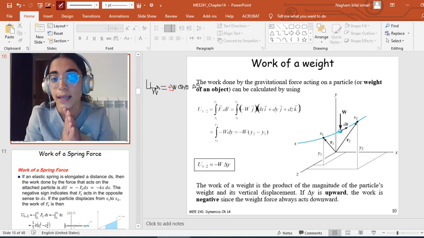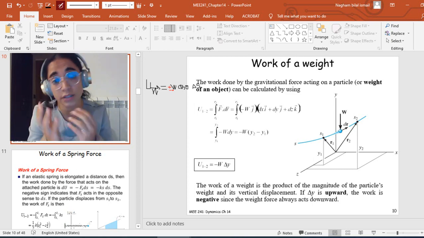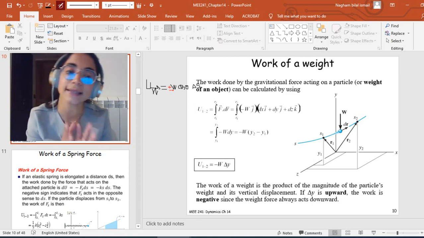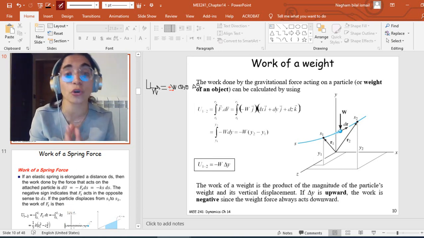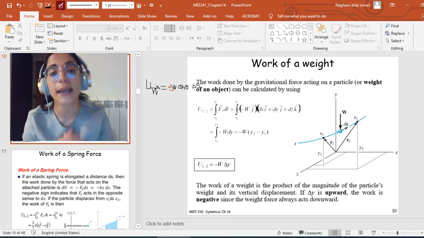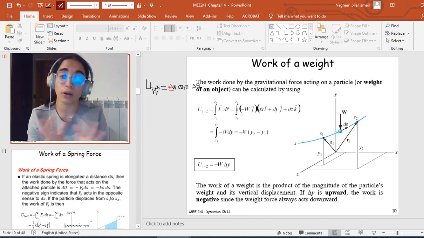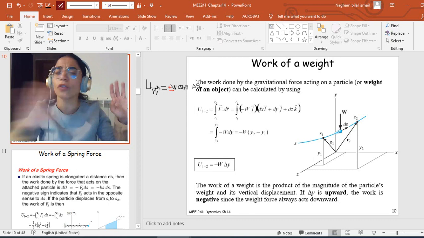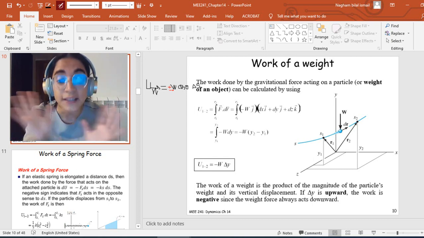Which means, guys, if delta s projection on the weight is downward, because the weight is always downward, then I can say that this work is positive. If delta s projection on the weight is upward, then I can say that the work of this weight is negative.